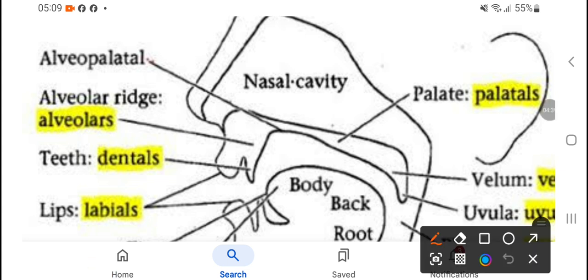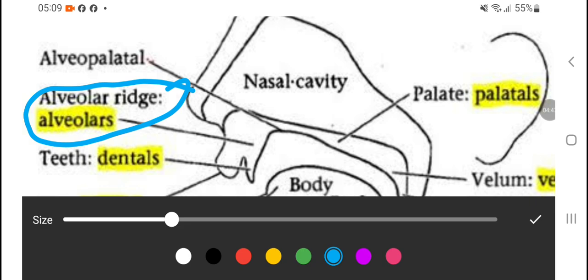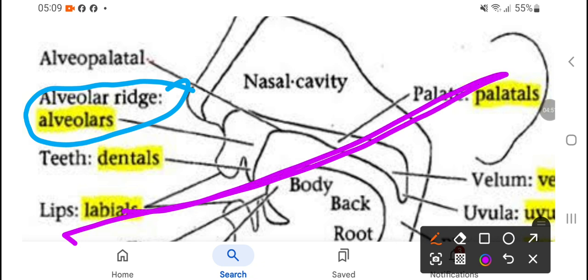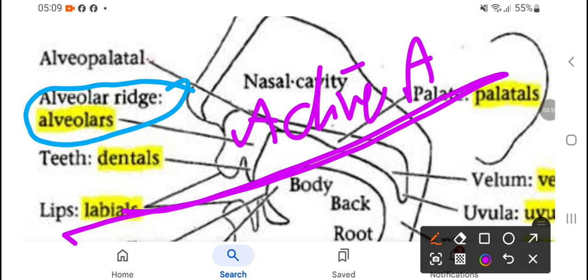So that is called the alveolar ridge. Actually, the whole organs of speech are divided into two parts this way. The upper one is called active articulators, and the lower one is passive articulators, right?